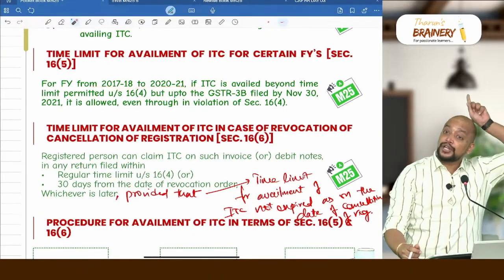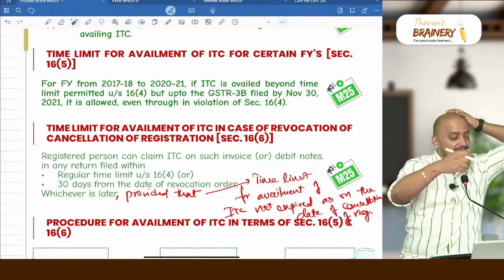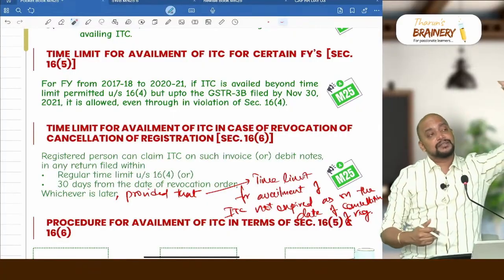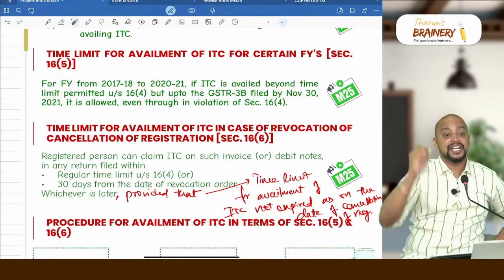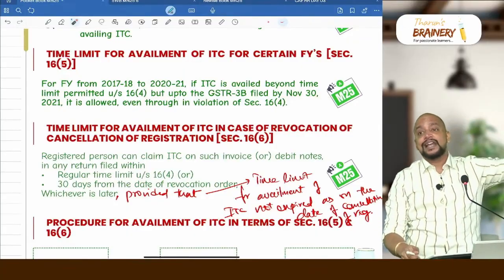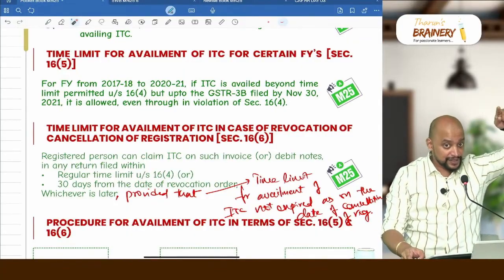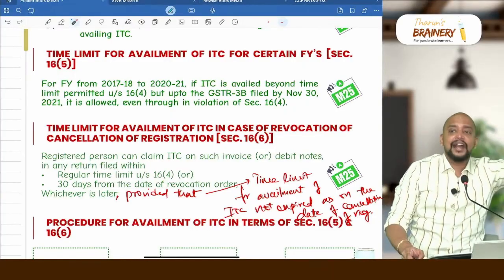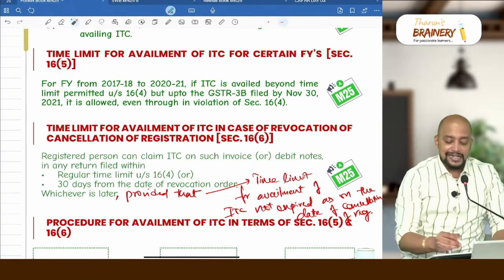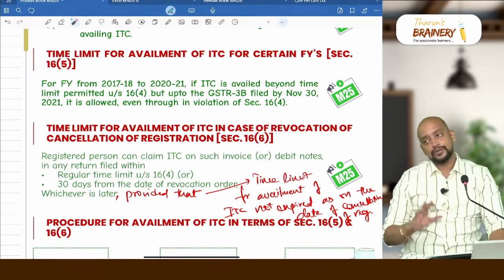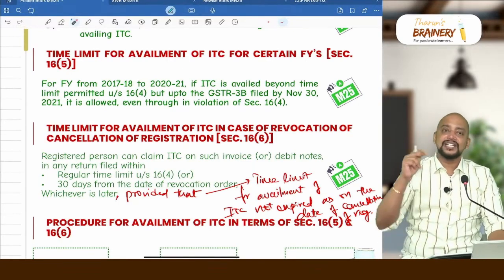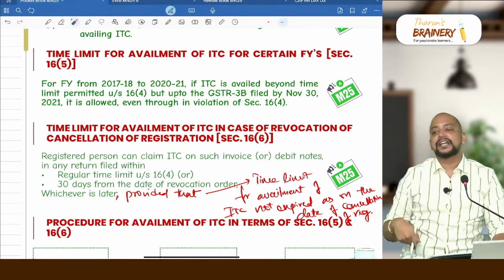But by what time should they have availed the ITC? They should have availed the ITC by November 30, 2021, which got rejected, and now we will be giving them the benefit. It is allowed even though it is in violation of section 16 subsection 4. Got it? Which means it is for that past period that they are now giving the benefit.